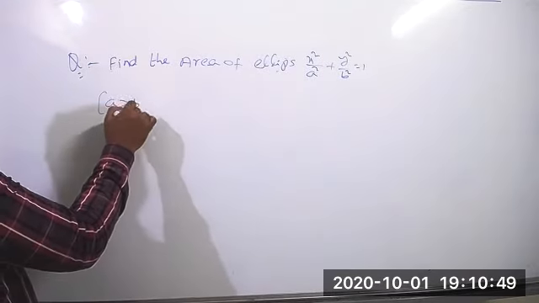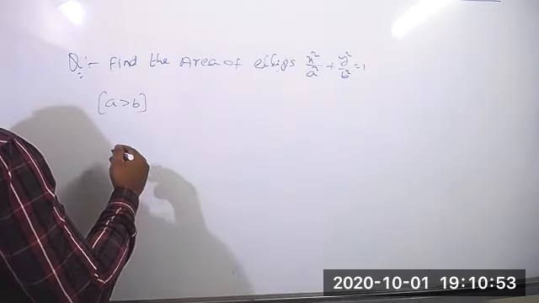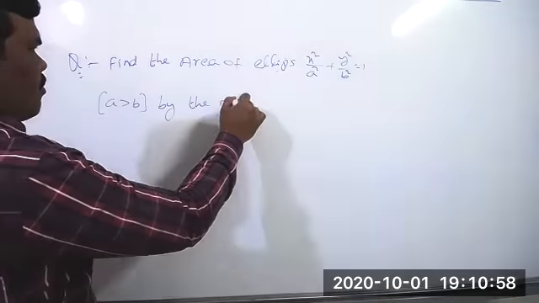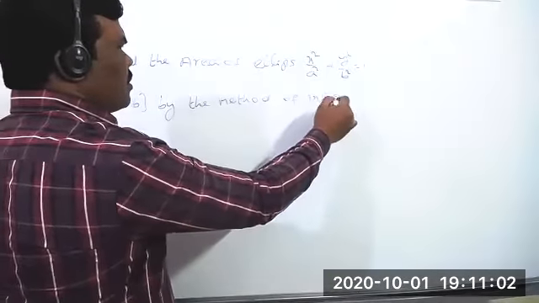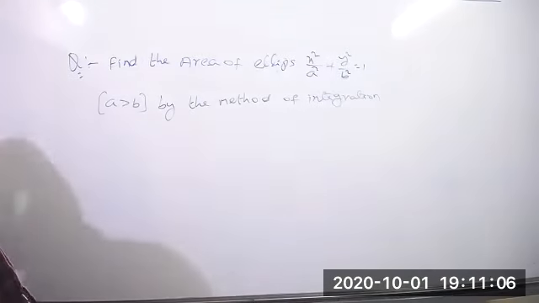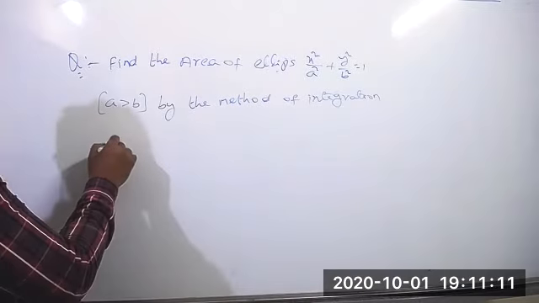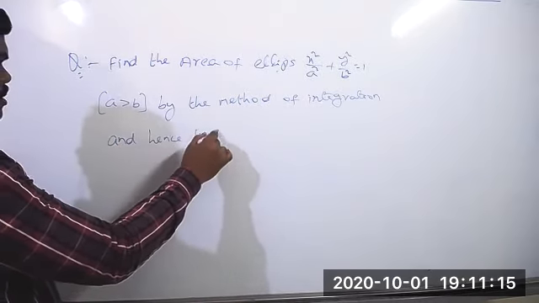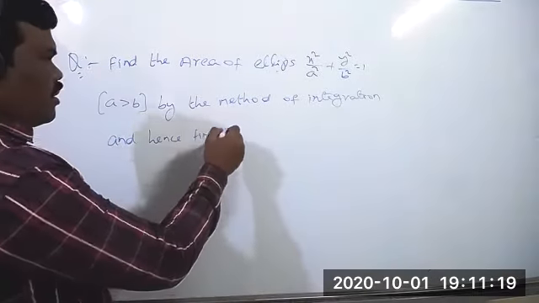where a is greater than b, by the method of integration, and hence find the area of the ellipse.